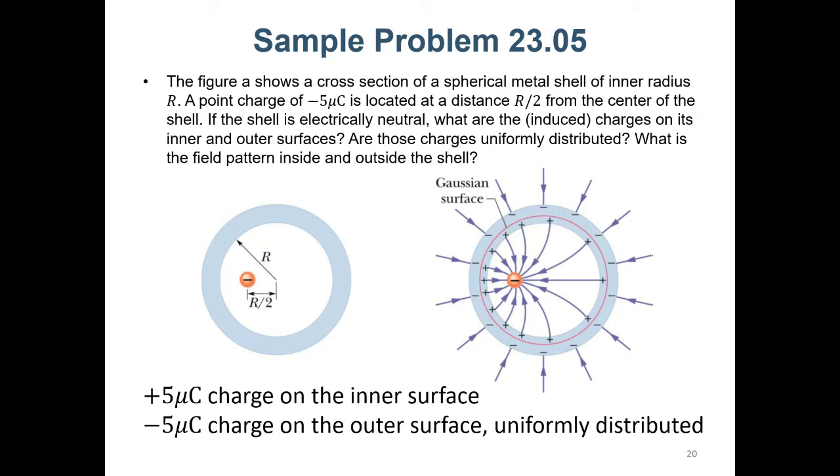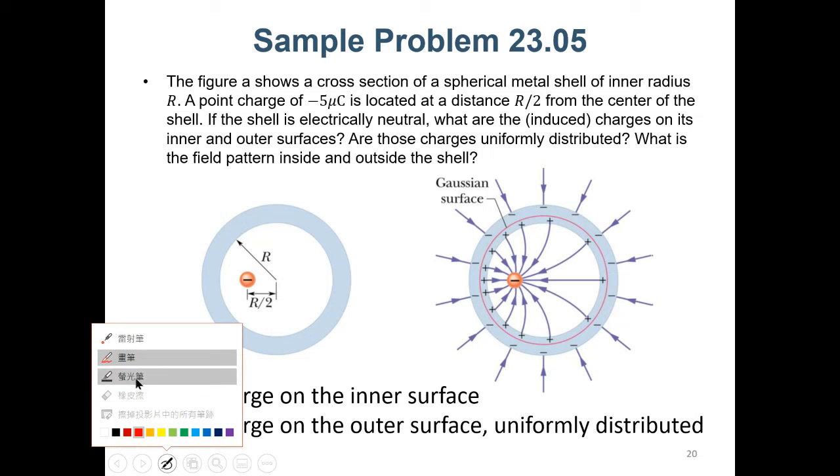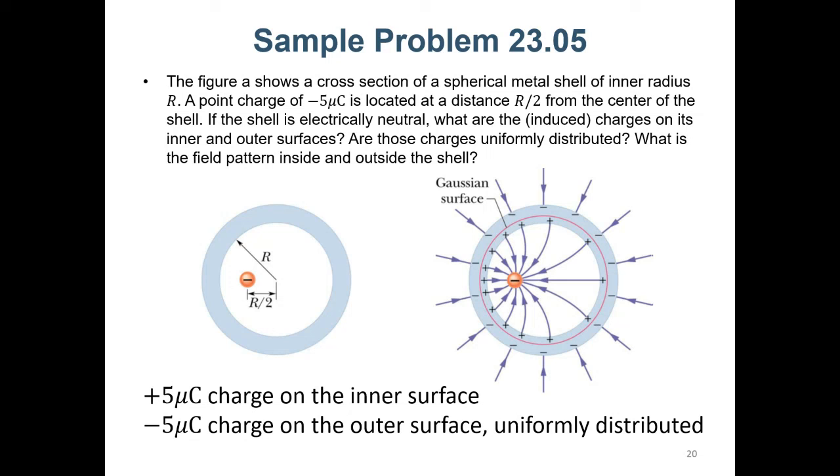So let's see another sample problem before we have a short break. Actually this one, the figure A shows a cross section of a spherical metal shell of inner radius r, and the point charge of -5 μC is located at a distance r over 2 from the center.